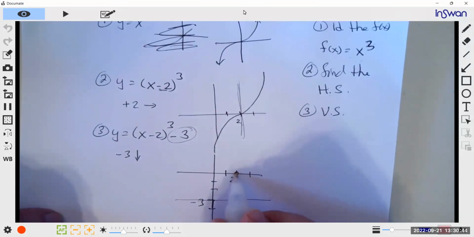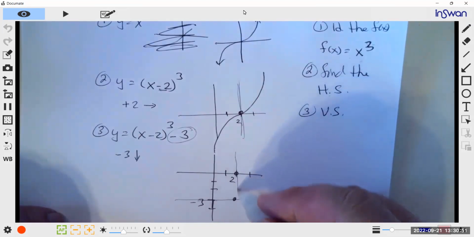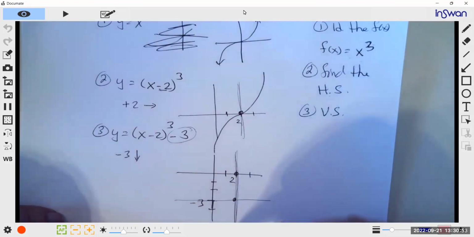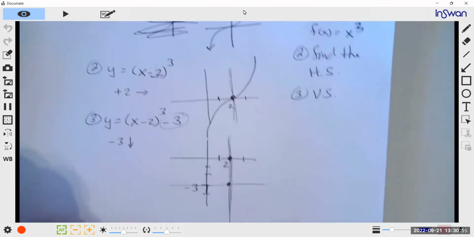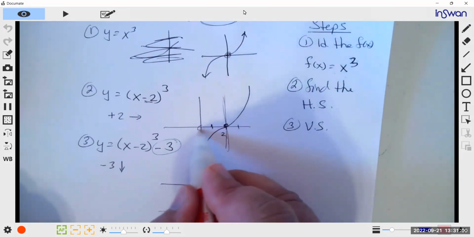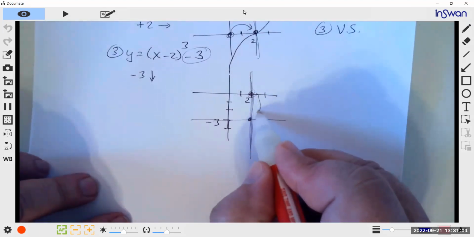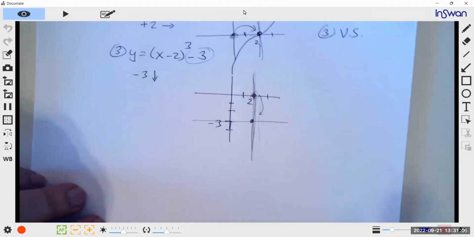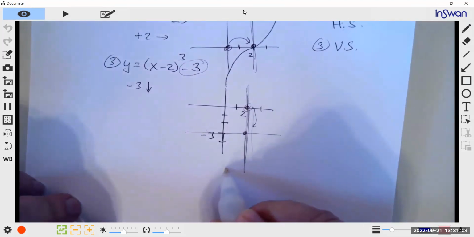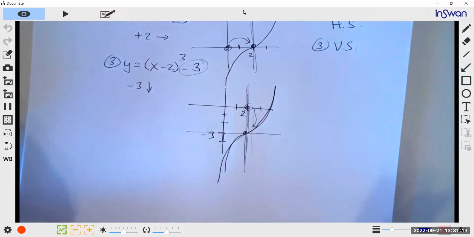So I take this point that's there, I go down 3 spaces. So there's my new origin right there. My origin changed from the middle, it moved there. Then it moved from there down there. So this is my new XY axis. The graph looks the same. But we haven't done anything about shifting the size of it.